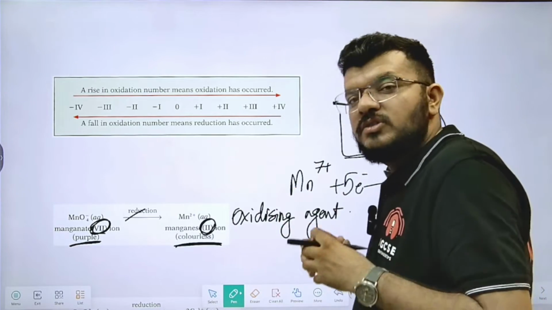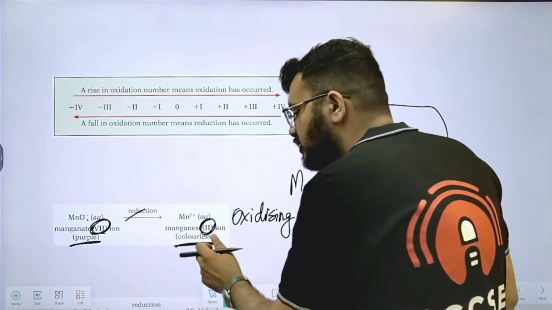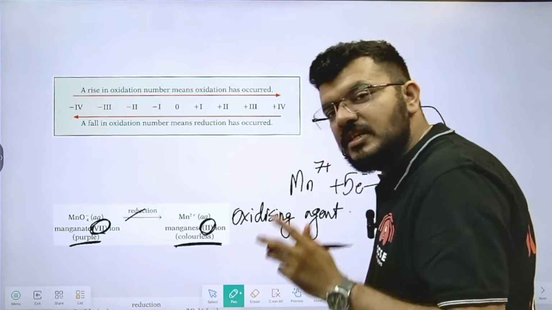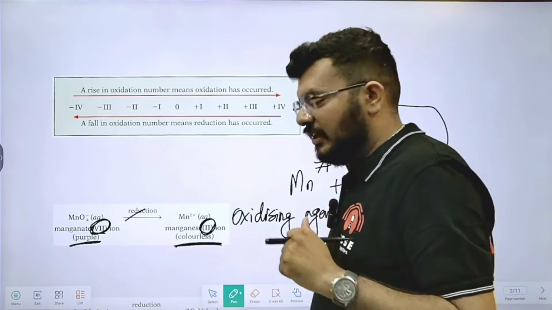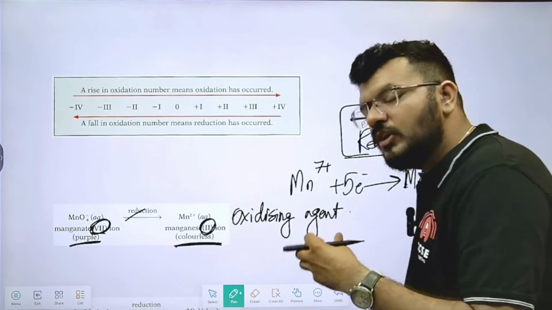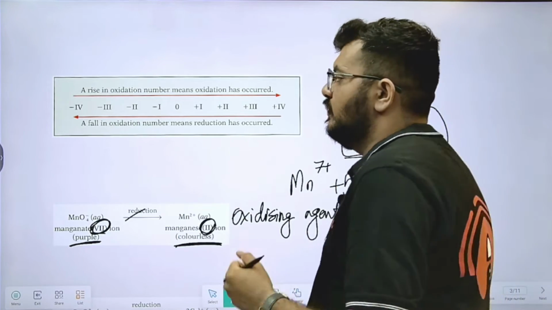When sulfur dioxide is being oxidized, the manganate gets reduced and therefore it will change the color to colorless. This is an indication that the oxide was oxidized further. There is only one oxide that right now we know can be oxidized further, which is sulfur dioxide. So it is also a test for sulfur dioxide.